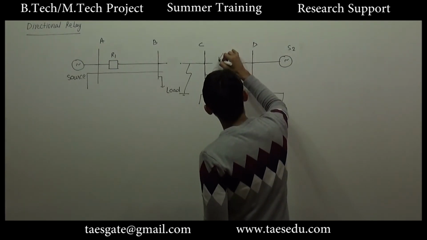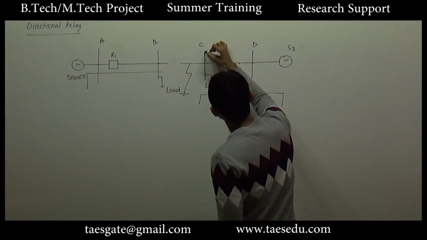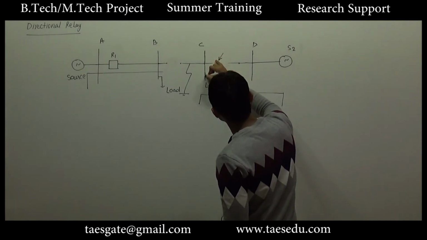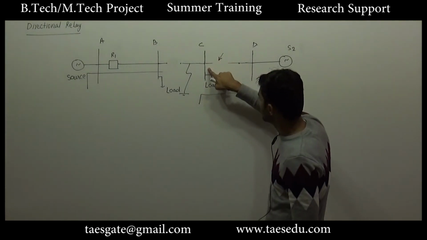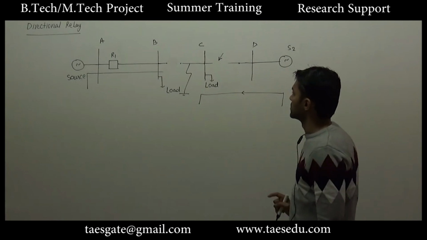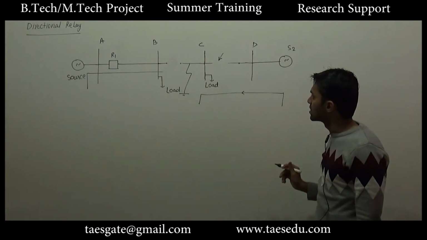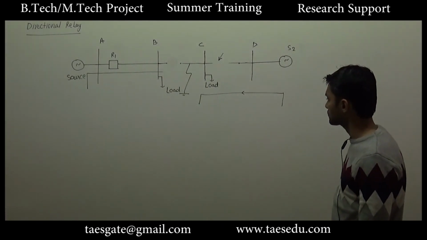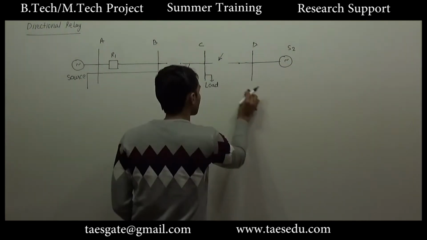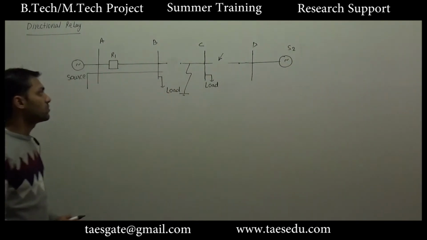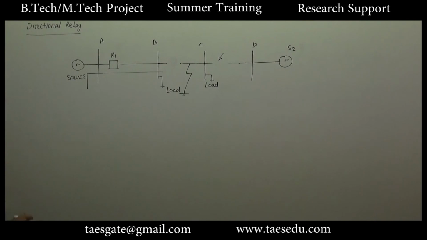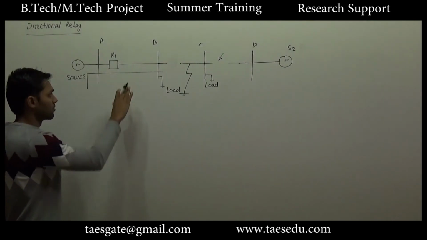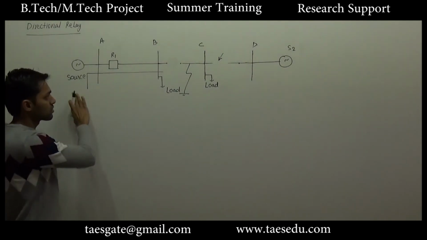After operation of this relay, the power supply to the load connected to bus C will be interrupted, which is not a preferable case. So this is a problem if we provide protection from one end only. This protection was for source 1 only.